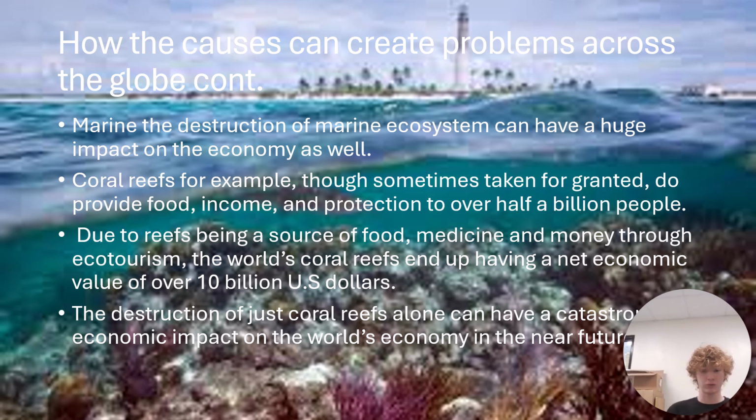Reefs are also a source of food, medicine, money through ecotourism, and protection of the coastlines, and they have a net economic value of over 10 billion US dollars. That is a lot of money. As they continue to be destroyed, not right now, but in the future, this destruction can have huge impacts on the economy.